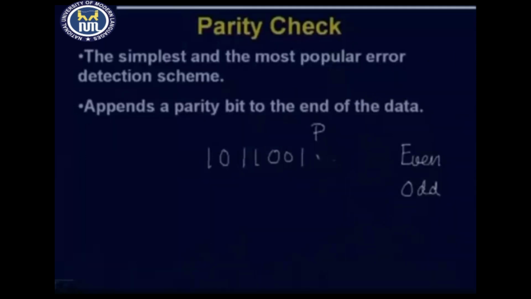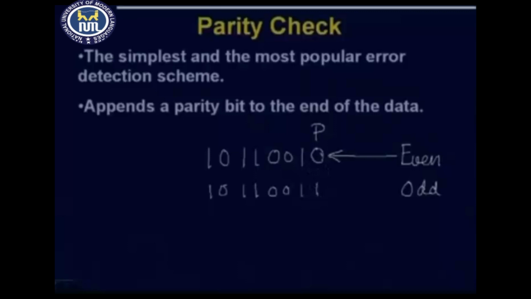If you are using even parity, including that bit, the number of ones should be even. So we have 1, 2, 3 and 4, which is even. So the parity needs to be 0 here, because it will make an even number of ones, in other words an even number of ones in the message. Similarly, if you are using odd parity, then we need to add 1 at the end.